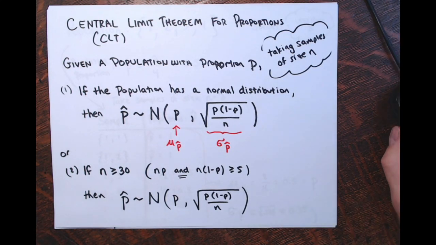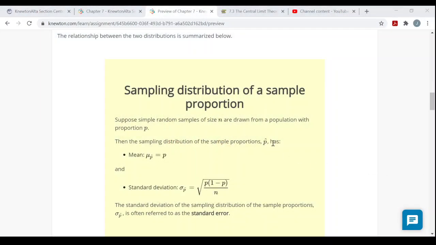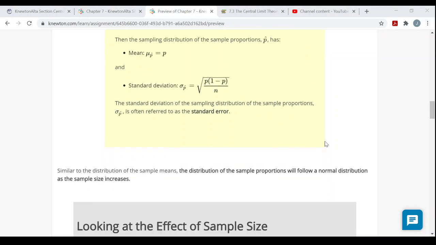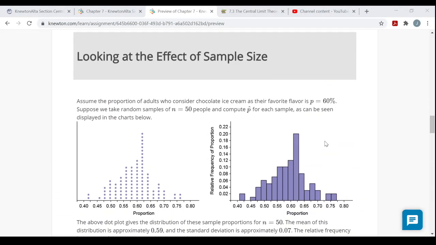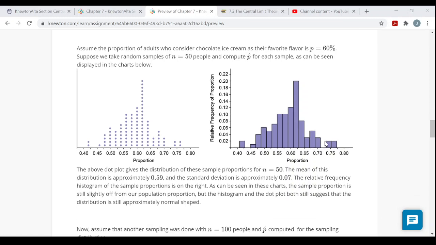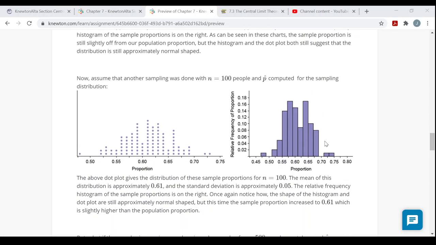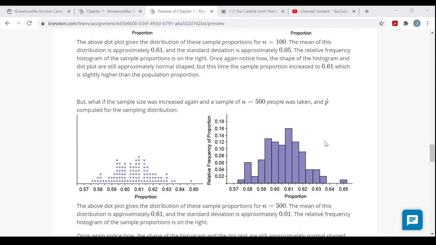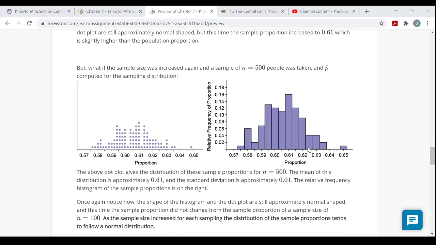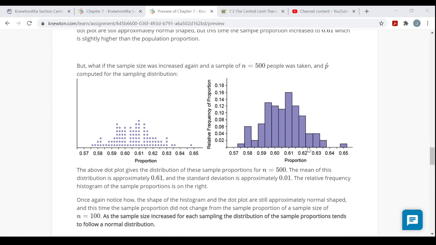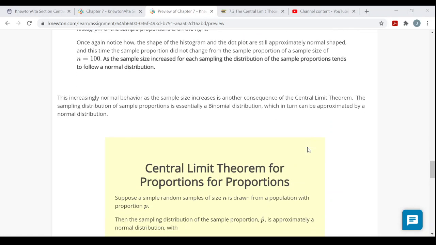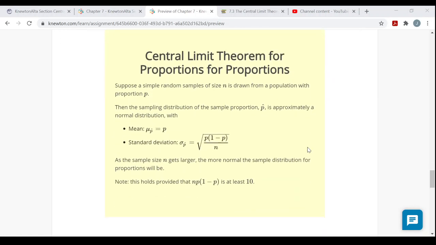All right, so after all that, let's go back and explain all that here and give you examples. You can look at histograms and how the larger n gets, the closer and closer these histograms will get to forming a bell shape. And then here it is, the central limit theorem.